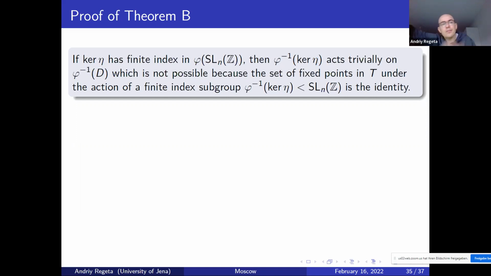So φ^{-1} of D, the preimage of D, is an uncountable subgroup of D. So this is again not possible.